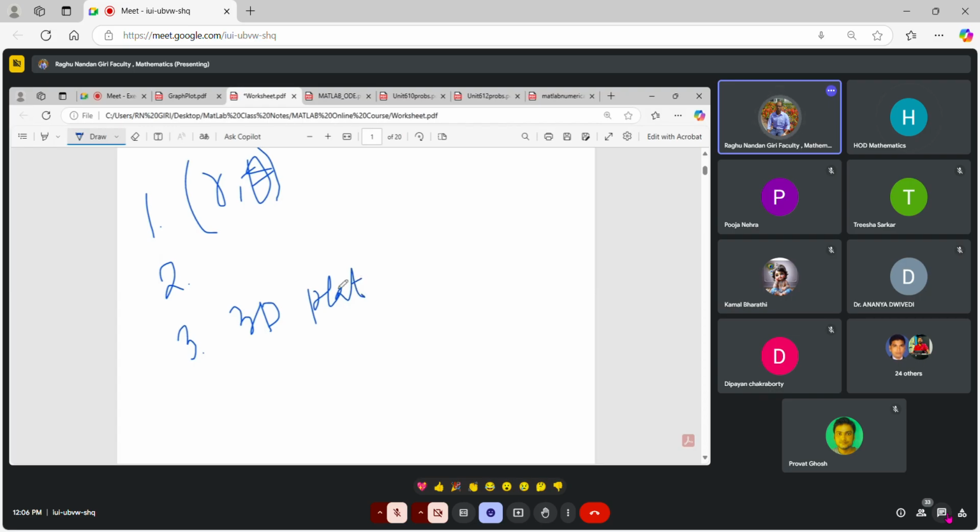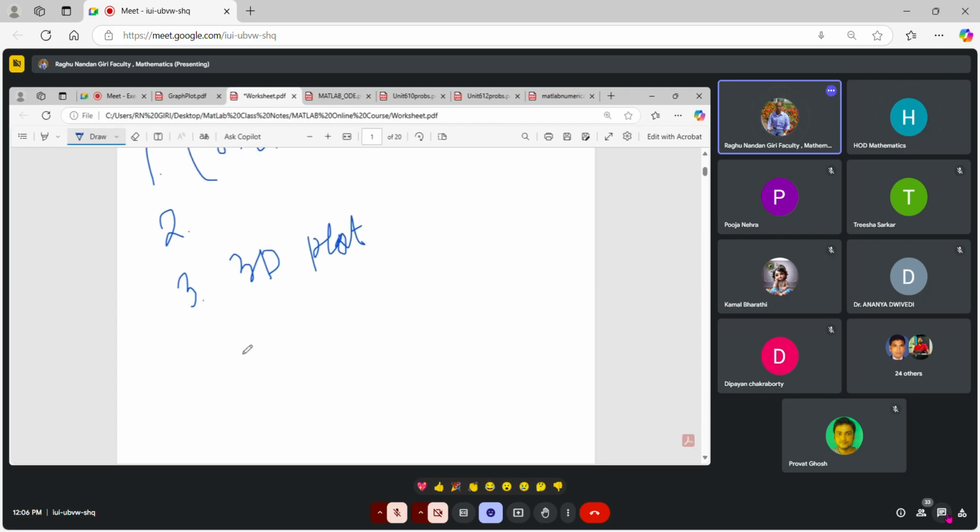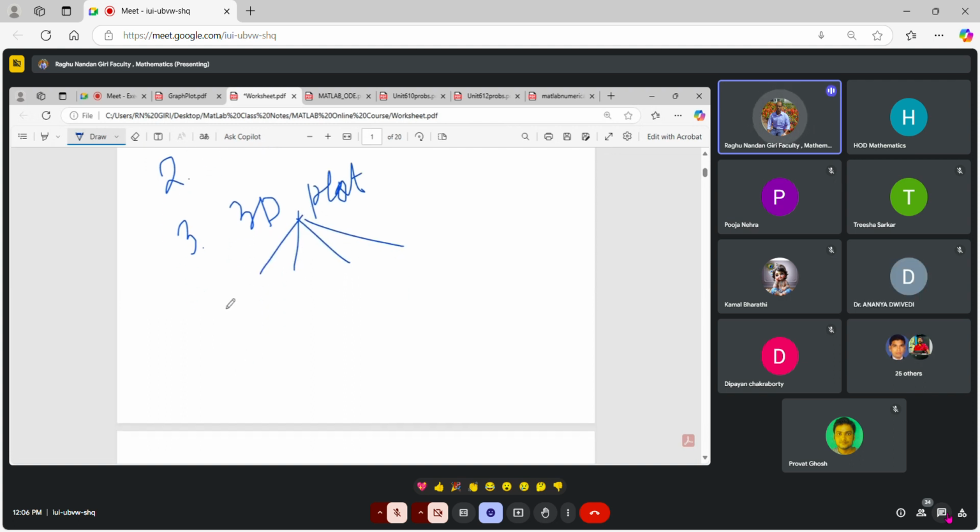There are four types of 3D graphs. One is the 3D line graph, then the surface graph, surface mesh graph, and contour graph.